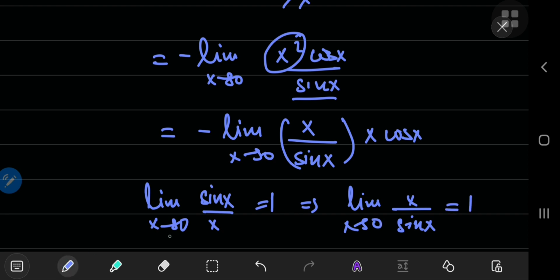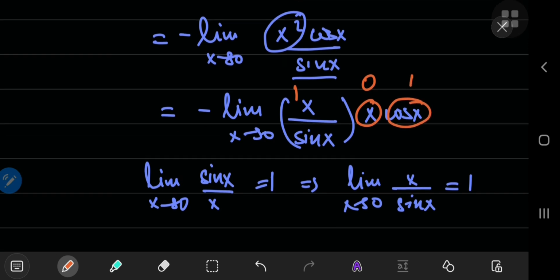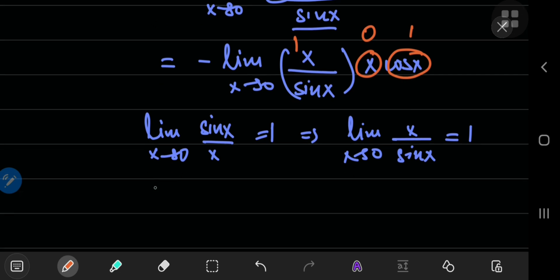So the first limit you're going to get is 1, and as x approaches 0, this is going to approach 0, and as x approaches 0, cosine of x is going to approach 1. So 1 times 0 all results in a grand 0.